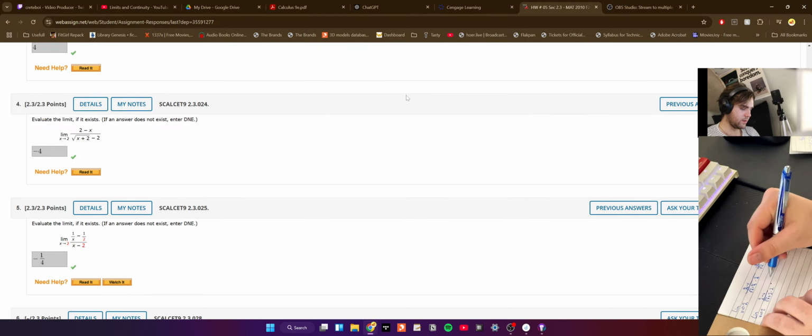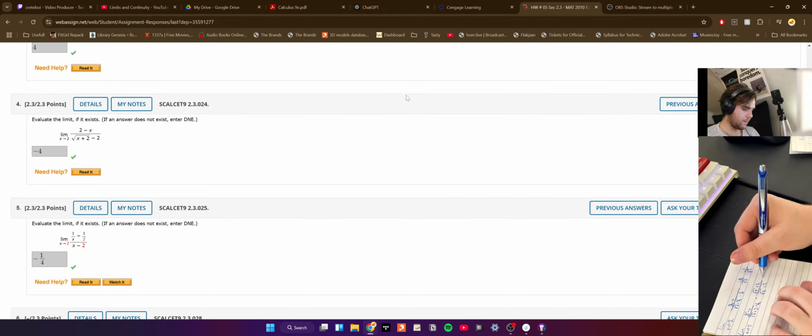Let's multiply this by, can we just do this kind of thing, or probably not? Let's just multiply it by square root of x plus 2, which equals x plus 4. Okay, even just for that sake.